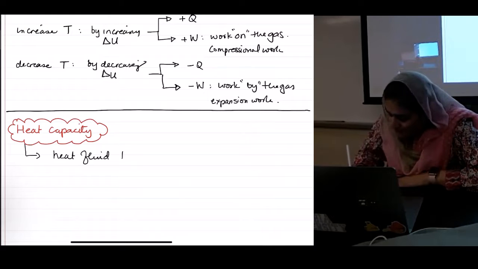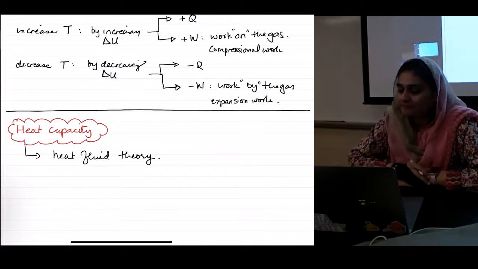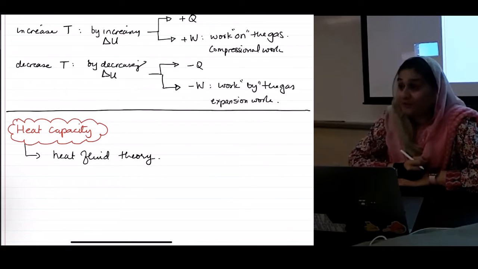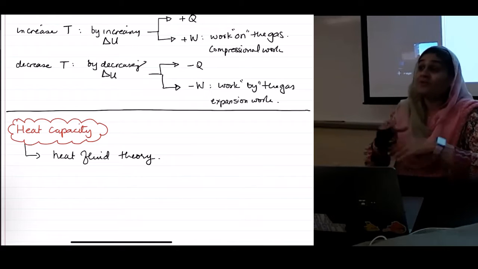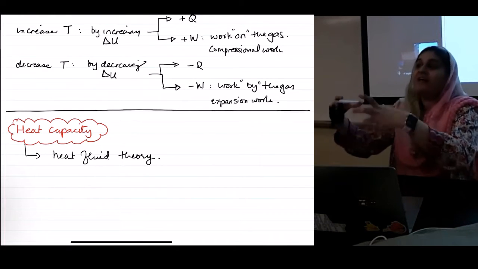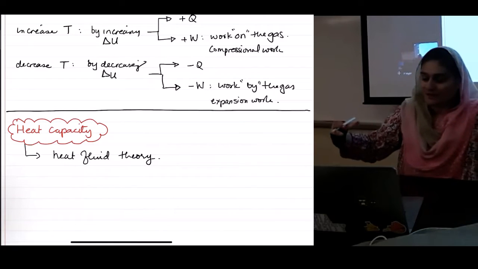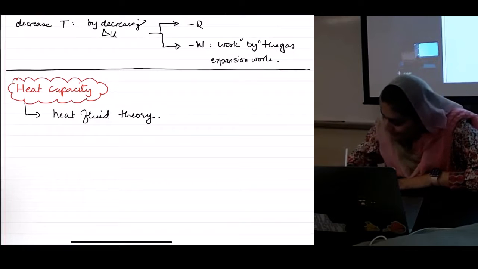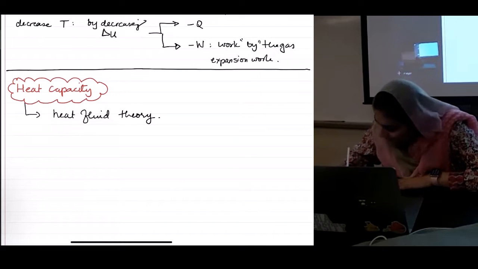Do you remember the heat fluid theory? They thought that heat itself was a fluid that transferred from one object to another. So they thought that all objects contain this fluid called heat that transferred from one to another. Okay? So this is the byproduct of that theory.